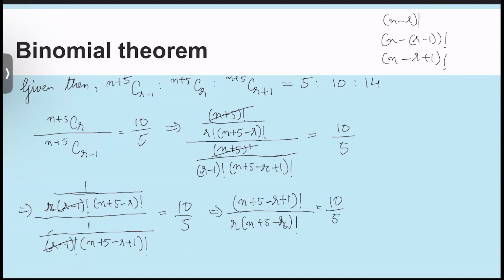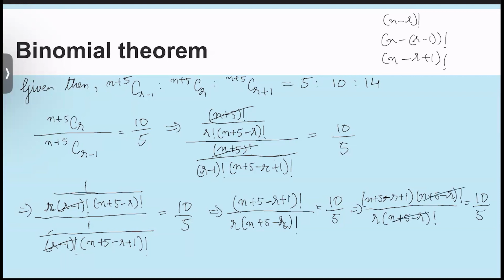Now over here again you can write your n plus 5 minus r plus 1 factorial as n plus 5 minus r plus 1 multiplied by, now obviously there will be a decrease of 1 in the factorial form. So if you put minus 1 over here, your plus 1 minus 1 gets cancelled. So what you get is n plus 5 minus r factorial upon r into n plus 5 minus r factorial, that is equal to 10 by 5.